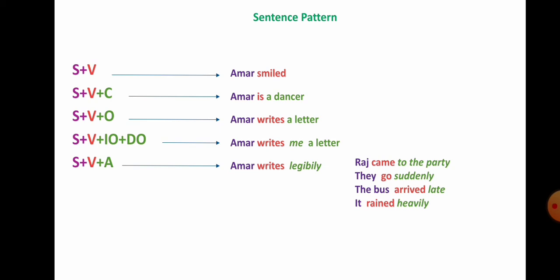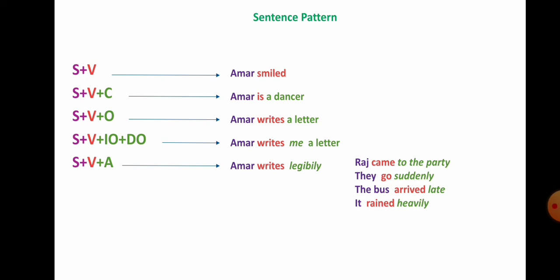At the same time, if you want to remember adjunct, you can just take a clue. In almost all cases it is followed by a preposition. For example, the first sentence, Raj came to the party. To the party. To is a preposition. The party followed it. So we can call it an adjunct.